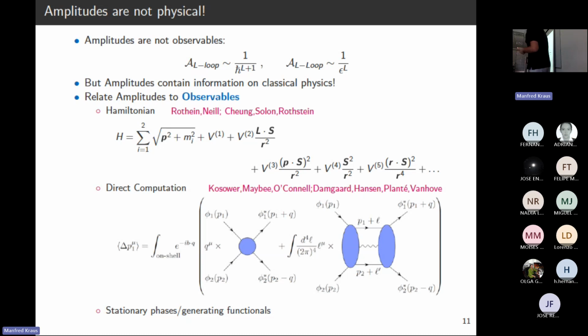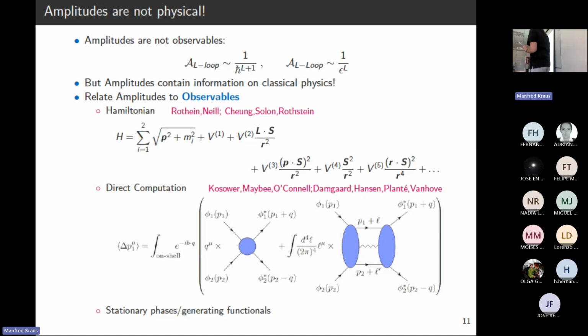Typically, these loop amplitudes also have divergences. But somewhere in these scattering amplitudes, there must be the classical information. So the question now is how can we extract it? The key point here is we have to relate amplitudes to actual observables, because observables must be well defined, must be finite, and must have a classical limit.